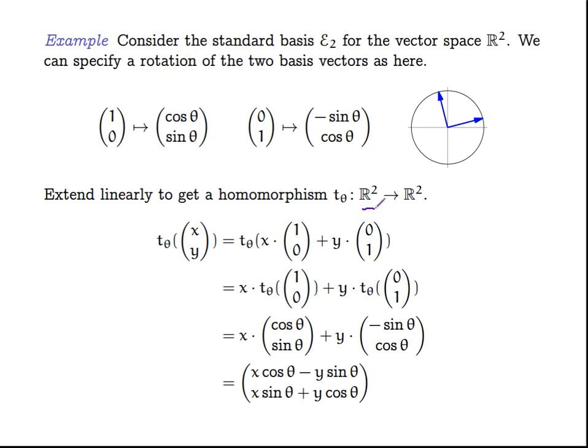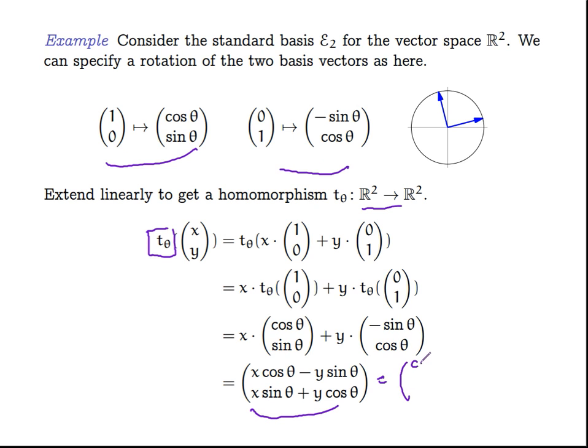So to extend linearly, we'd have that the rotation, which I'm denoting by t theta, of any arbitrary vector xy, I can write as a linear combination of the two basis vectors. So the rotation on xy is the corresponding linear combination of the images of the two basis vectors, and I get this result here.